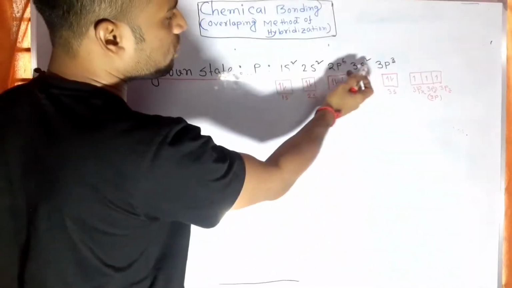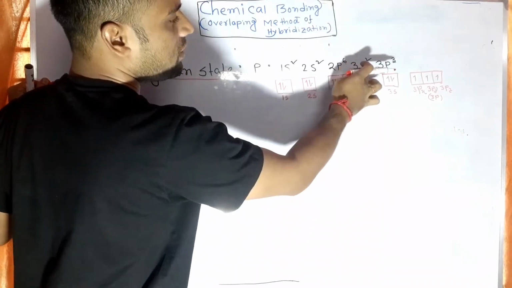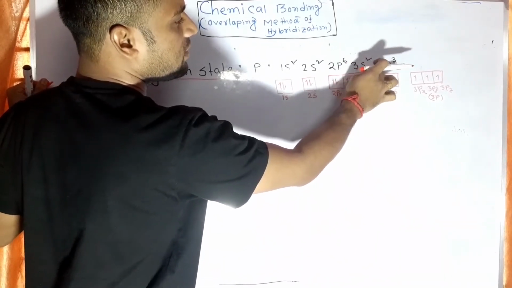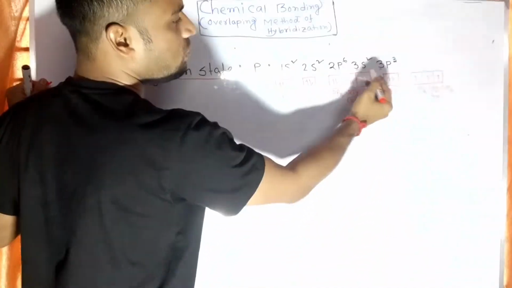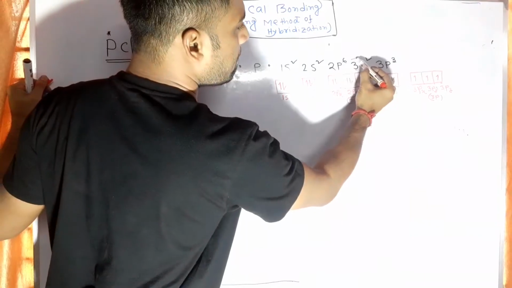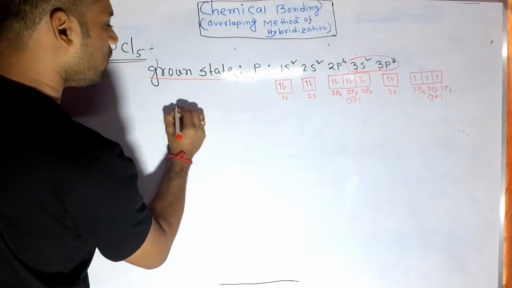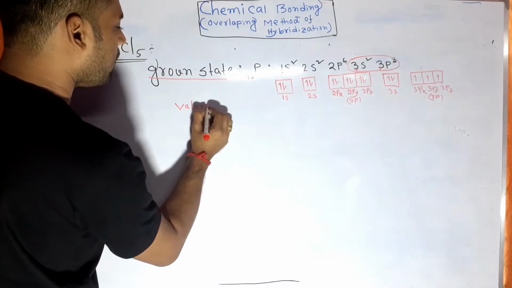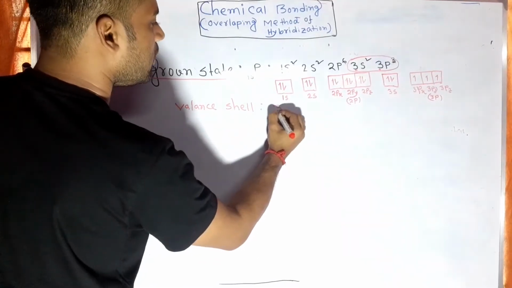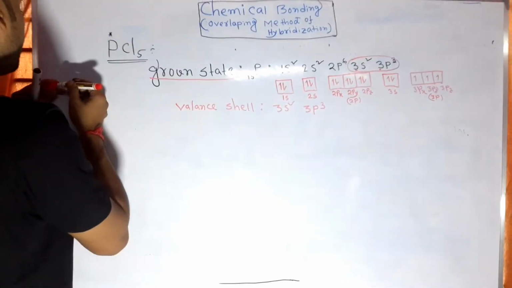The electronic configuration shows that the principal quantum number 3 is equal for the orbitals 3s and 3p, so they are the outermost orbitals due to the same principal quantum number. So the valence shell is 3s2 3p3.